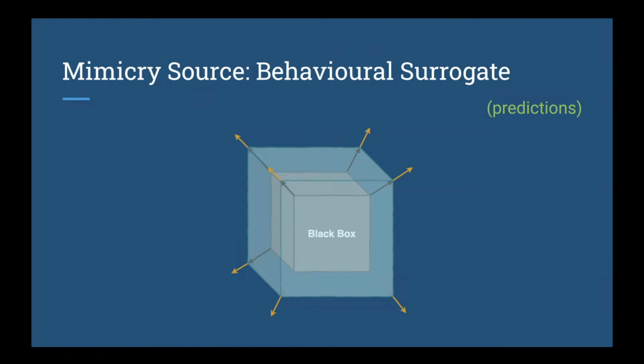Alternatively, if we do not have access to the underlying black box or it is too complex, we can have a behavioral surrogate. Then we just observe the behavior of our black box by feeding it new data points and observing the predictions, and we use these two pieces of information to build our surrogate.